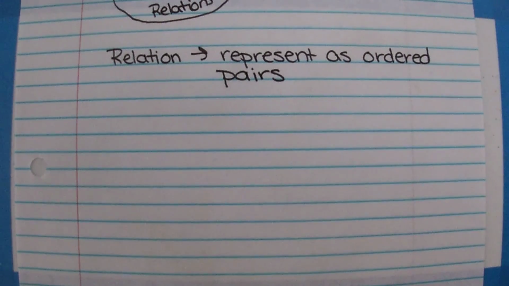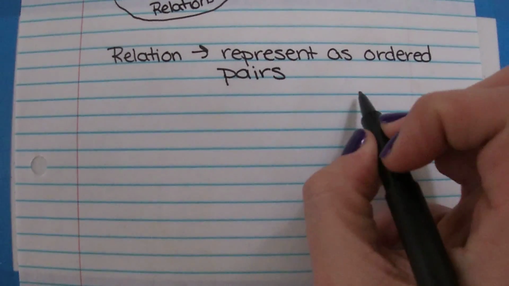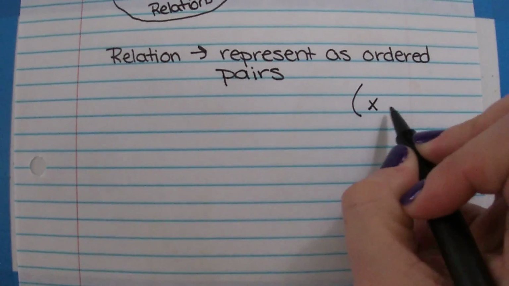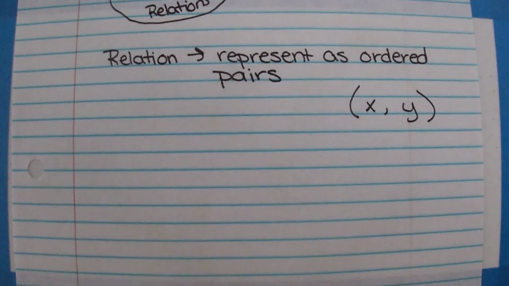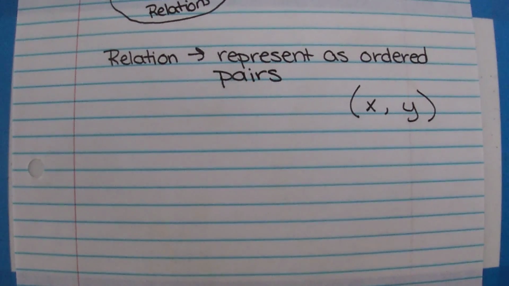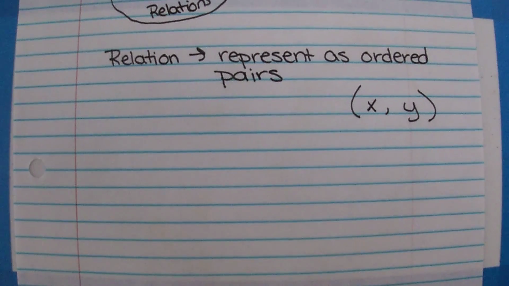An ordered pair is always something that we write in parentheses, where we have an X value followed by a Y value. But that X and Y value can represent anything. It could be letters, it could be numbers, it could be your favorite color for the X column, and how many cookies you ate yesterday for the Y column. It really can be just about anything.